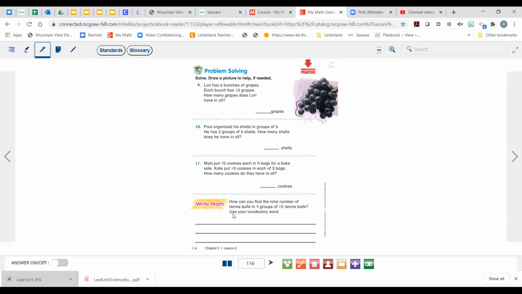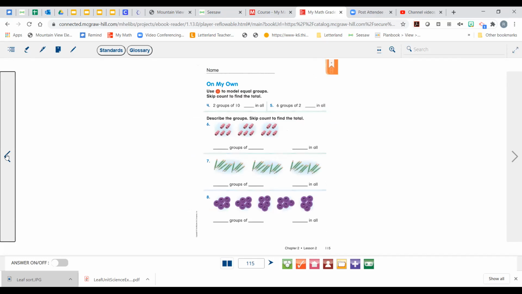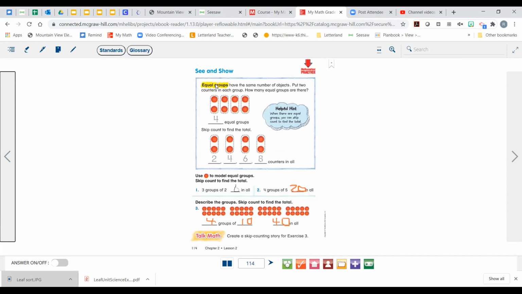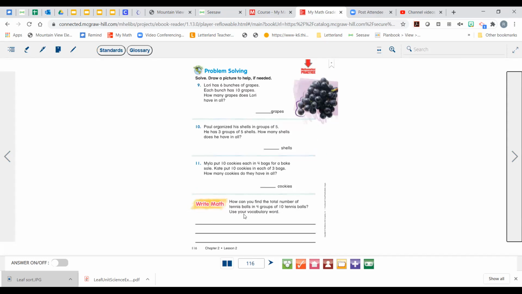And then it says, use your vocabulary word. What do I mean by vocabulary word? You have to go back and look at what is highlighted in the See and Show, equal groups. So when you do this in Write Math and you're telling how to solve it, you need to use the words equal groups.